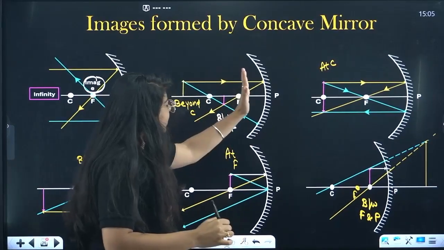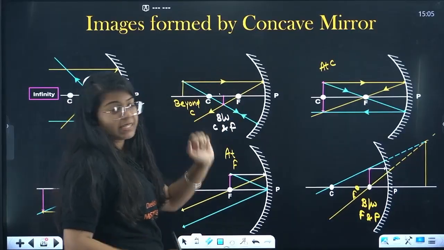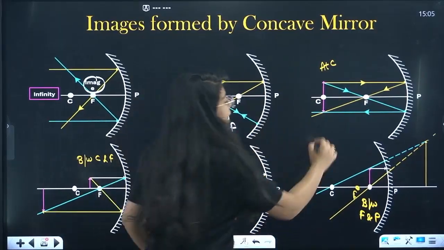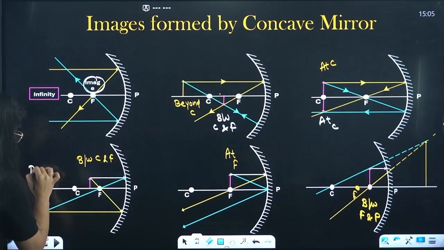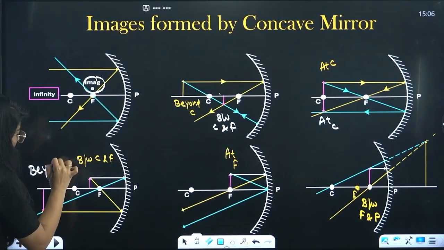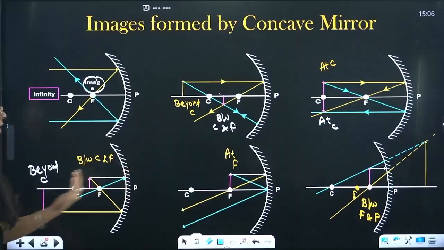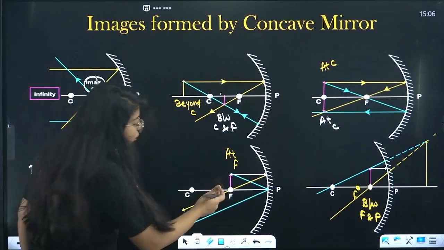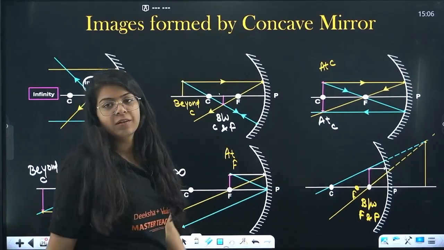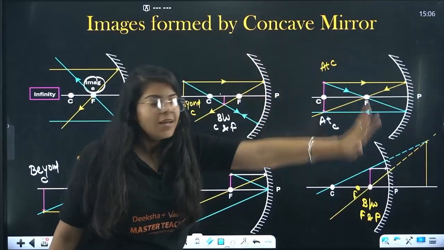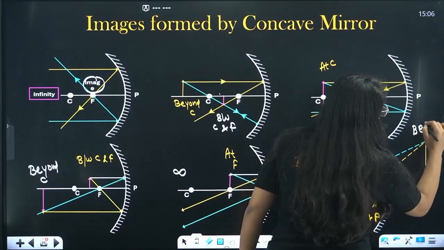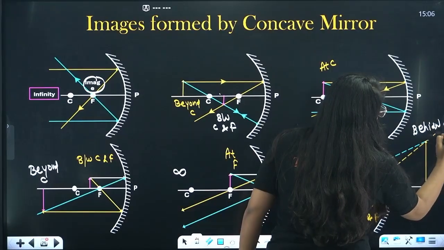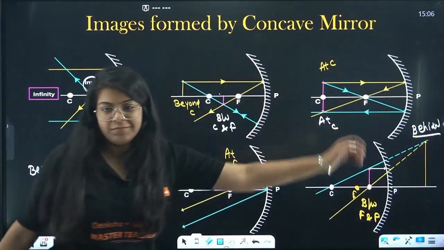It was at F, it got away from the mirror between C and F, then more away at C, then more away, that is beyond C. Now the image went to infinity. Image is like tata bye bye. And in the sixth stupid case we have image behind the mirror.